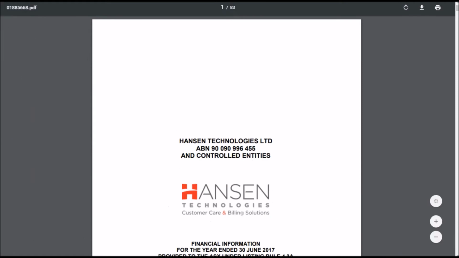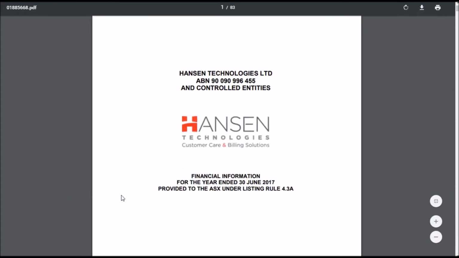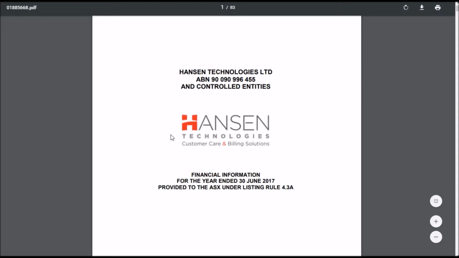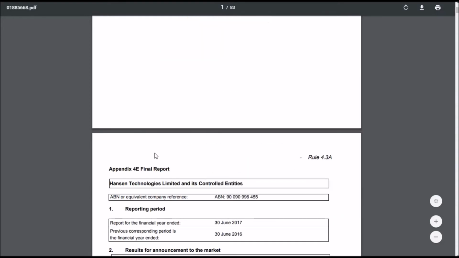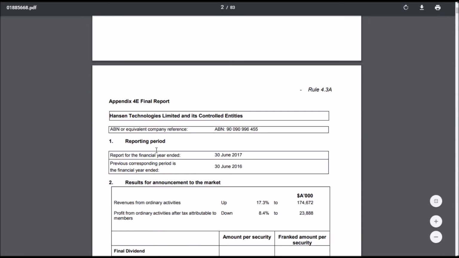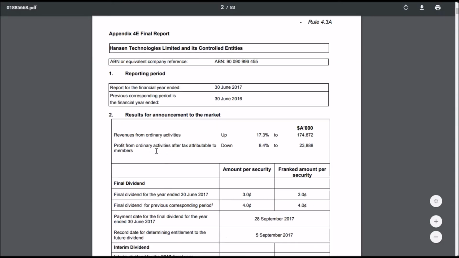Okay, for all of you who haven't seen one of these before, this is a company return. The financial information for the period ending 30th of June 2017 for Hansen Technologies. HSN is their code. So when you look at one of these, this one here starts with an overview of what's happened for the year.